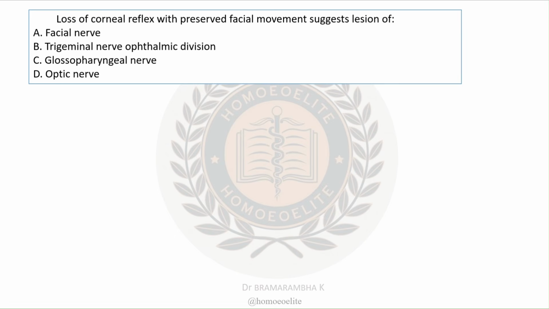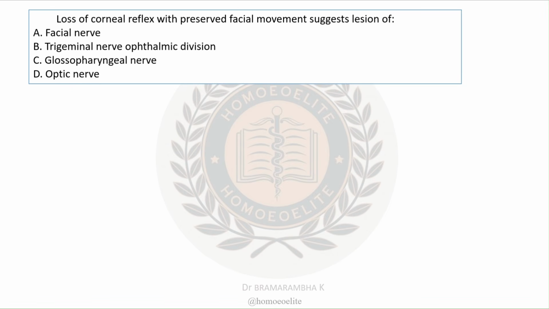The facial nerve helps to raise the eyebrows and close the eyes tightly. So if you see facial nerve palsy, you can correlate; it is mainly for muscle movements. Later we'll discuss the trigeminal.